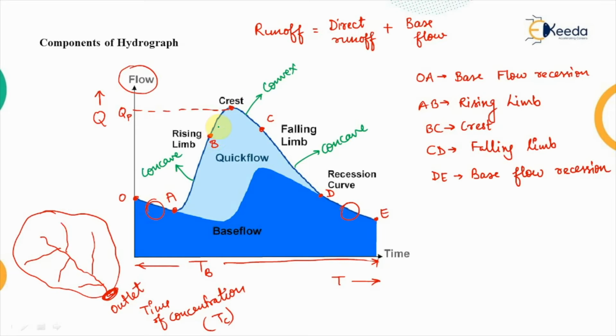Now the points where this curvature is changing, that is a mathematical term. The point where this curvature changes is known as the point of inflection. Corresponding to a hydrograph with a singular peak, we will obtain 2 points of inflection, and if there are a number of peaks, then the points of inflection obtained will correspond to that.